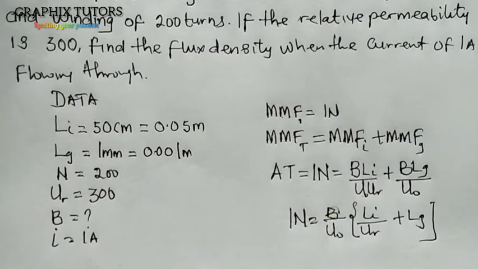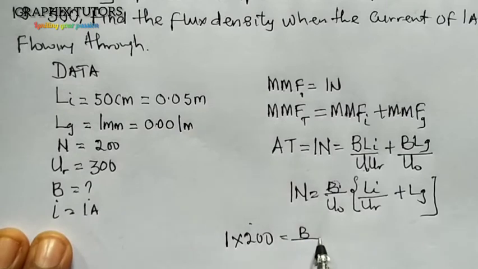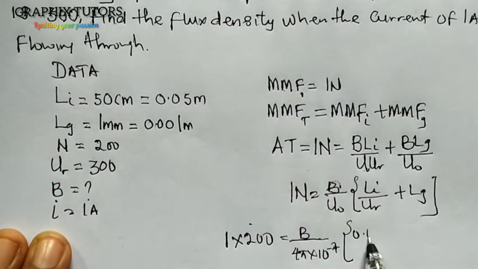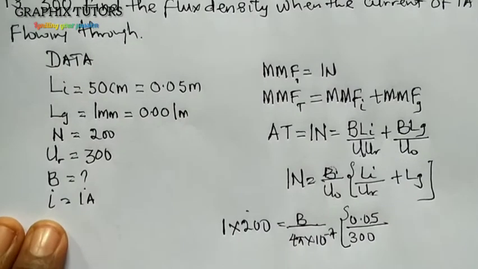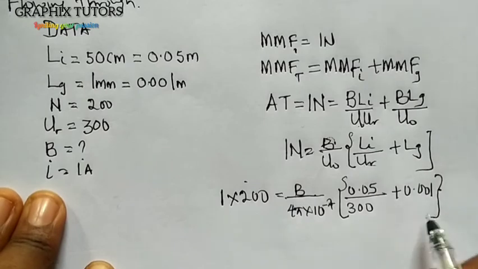Don't forget we are looking for B. Now if I input all my values, my I here is given as the current, and that is 1, multiplied by my number of turns, 200, equals B over 4 pi times 10 raised to the power minus 7, which is a constant, into brackets: Li, the length of the iron ring, is 0.05 all over the relative permeability, which is 300, plus the length of the air gap, 0.001. So this is what we have.